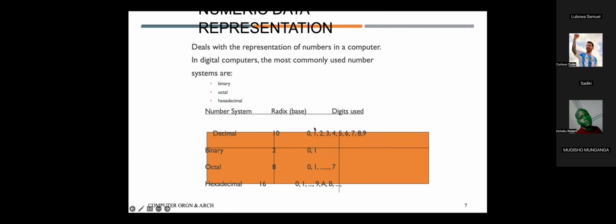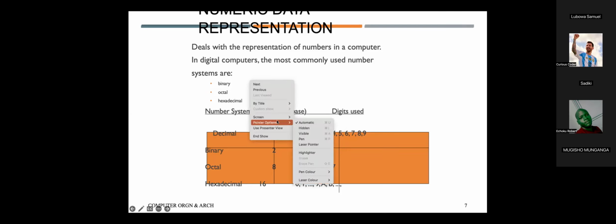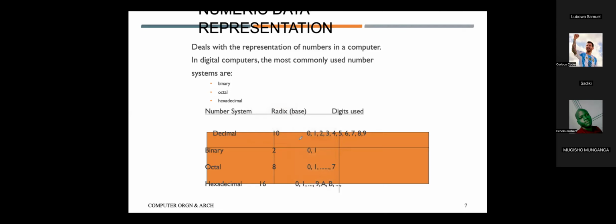Now, when you talk about binary, I told you that computer stuff is easy to understand. The word binary starts with "bi," which in most cases means two, meaning that binary is a base two system.